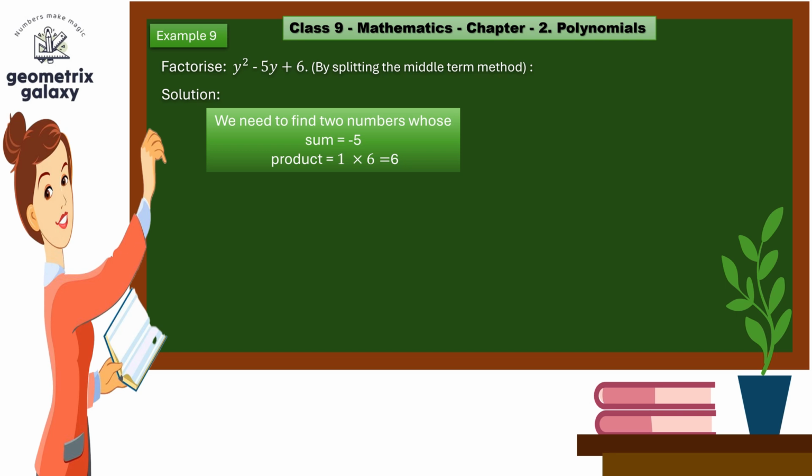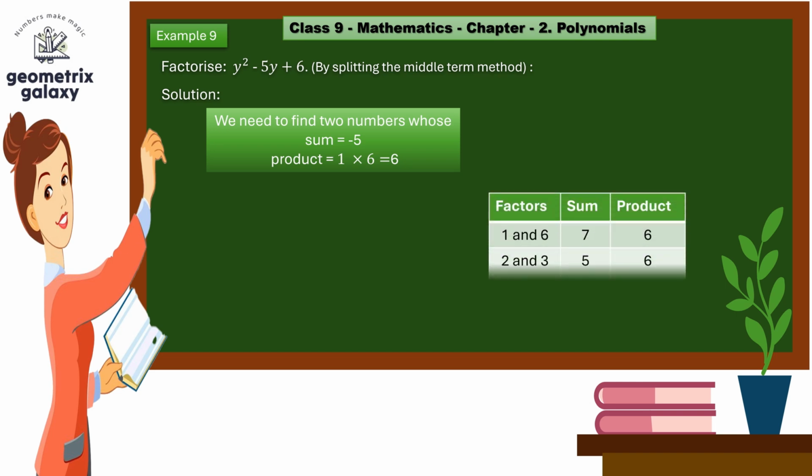If you see, 1 into 6 is 6, but 1 plus 6 is 7. Now let us check with two factors 2 and 3. 2 threes are 6. 2 plus 3 is 5. But we need minus 5 as the coefficient. Therefore, we need to check with minus 2 and minus 3.